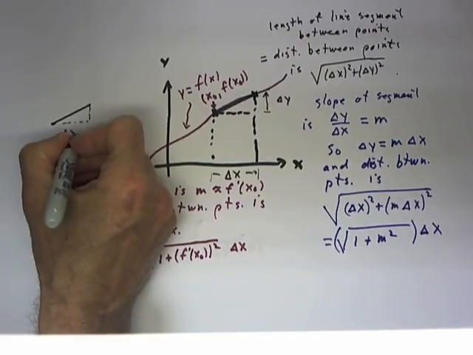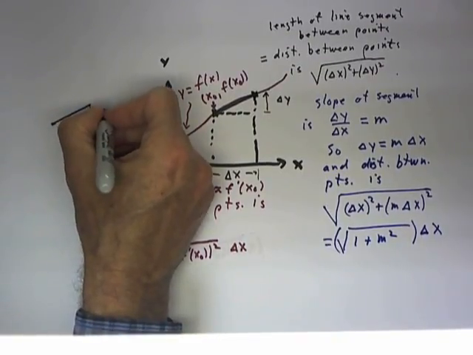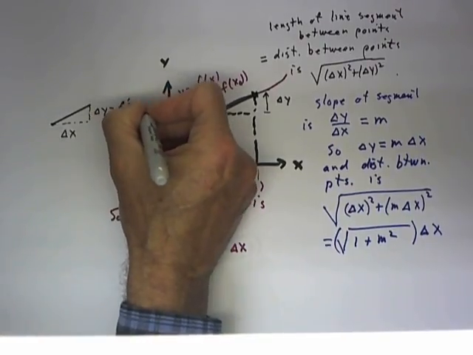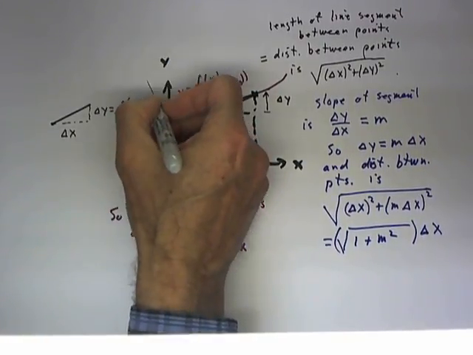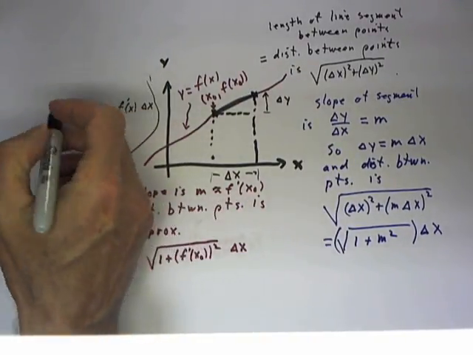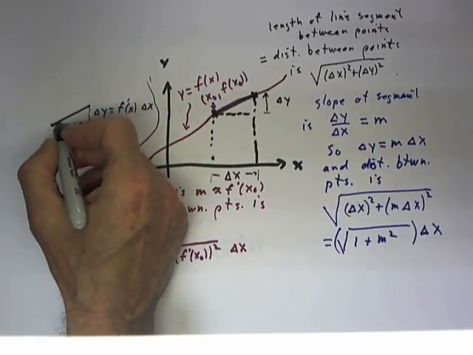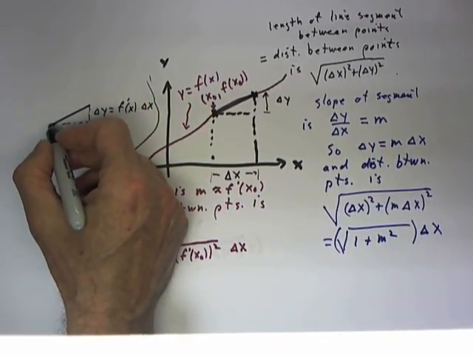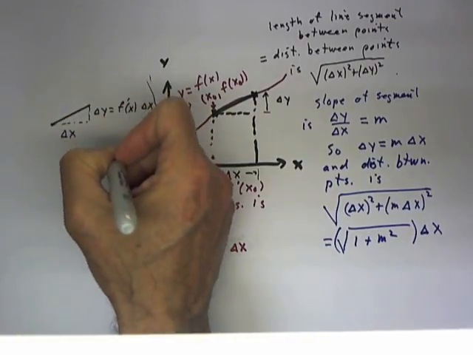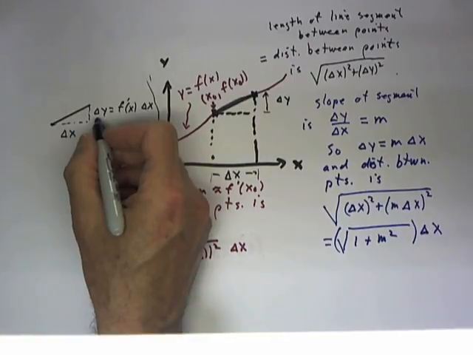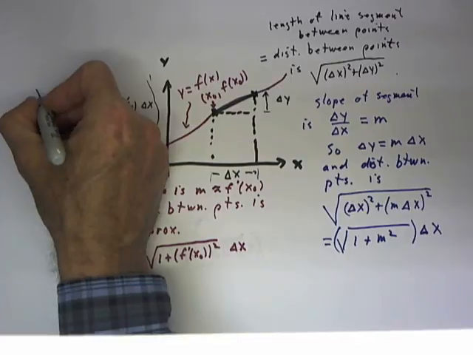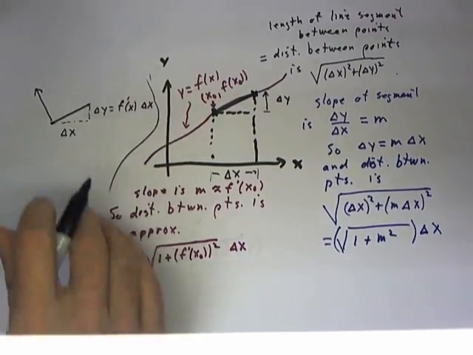We have a delta x and a delta y that is now equal to, let's say, f prime of x delta x. Not using the x naught notation at this point, so we consider this to be any point on a graph of a function, and we ask ourselves, okay, if this is the delta y and delta x, then how is that related to a vector perpendicular to this surface?